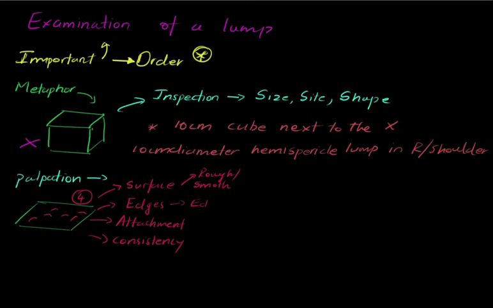When you touch the surface, you say whether it's rough or smooth. When you palpate the edges, you'll say whether they are well defined or not well demarcated. For the attachment, remember it as the gift wrap that covers the box: the skin above it is moving, or the box is not moving at all, it is very heavy.